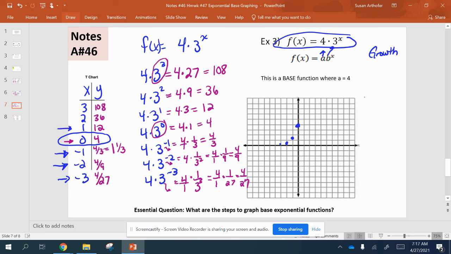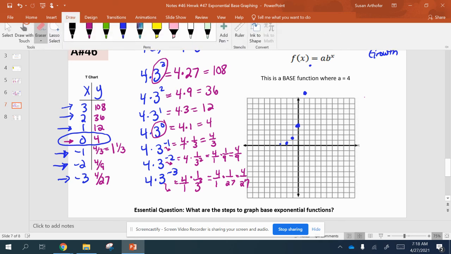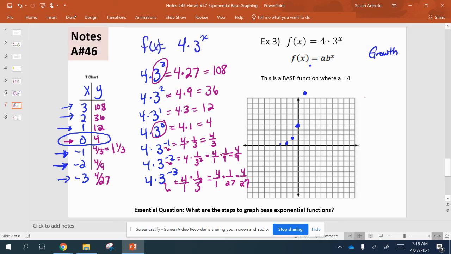Okay, let's go over here. Over 1 up 12. I'm already off the grid. Over 2 way up 36, and I can't even graph over 3 up 108. It's off the chart, really. So what did 4 do? When we had this equation here, what did that value of 4 do?